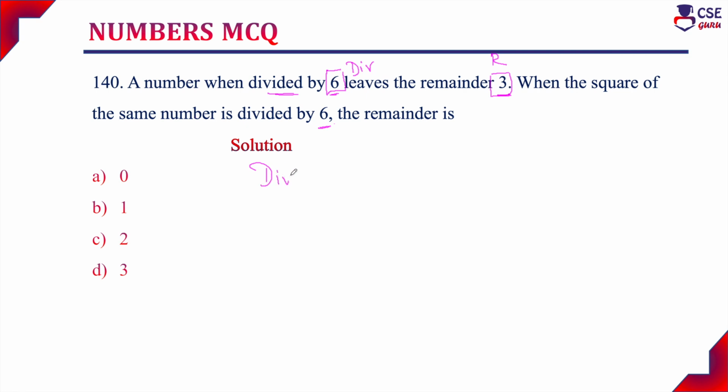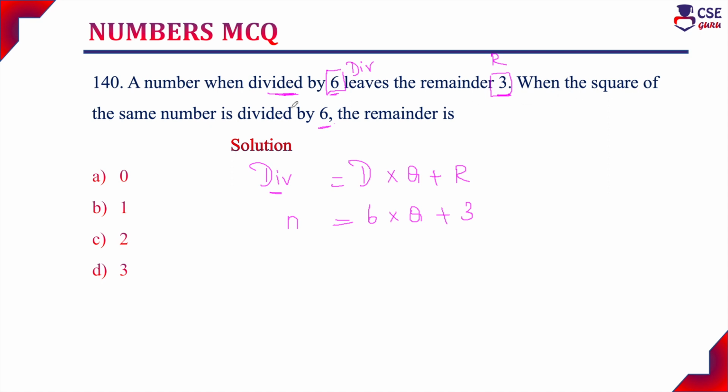So dividend is equal to divisor into quotient plus remainder. Okay, so here, divided by 6, the divisor value is 6 into q plus remainder 3. Here the dividend we will consider as n.